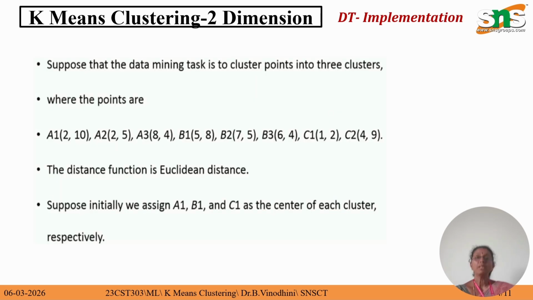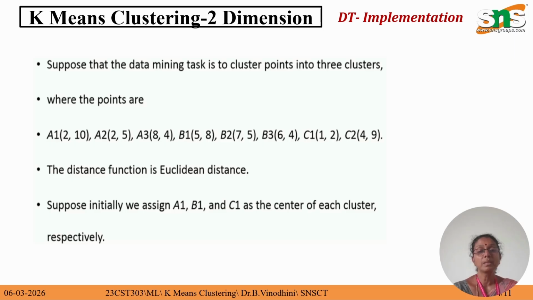For example, you have one problem where we have the data points (2, 10), (2, 5), (8, 4), (5, 8), (7, 5), (6, 4), (1, 2) and (4, 9). In that task, we are going to form 3 clusters for the given data points. For the distance calculation, we are using the Euclidean distance formula.